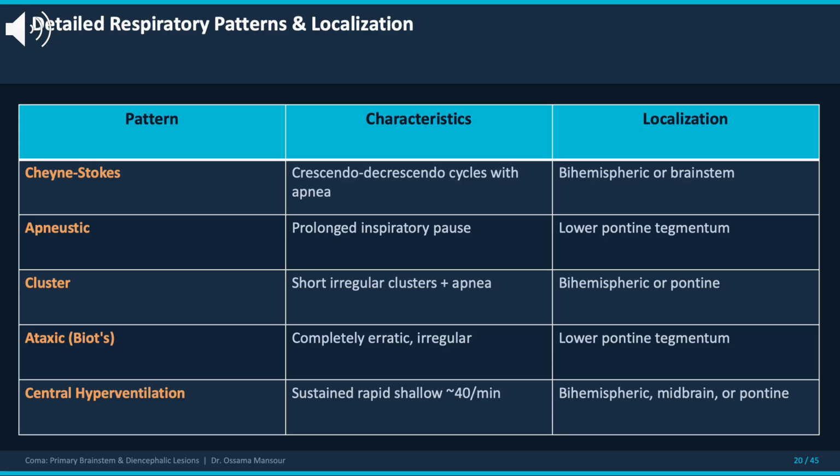This pattern may progress to agonal breathing and suggests severe brainstem injury, specifically to the tegmentum of the lower pons. Finally, central neurogenic hyperventilation consists of sustained, rapid, shallow breathing, typically around 40 breaths per minute, that is remarkably regular and persistent and can be seen with bihemispheric, midbrain, or pontine lesions.